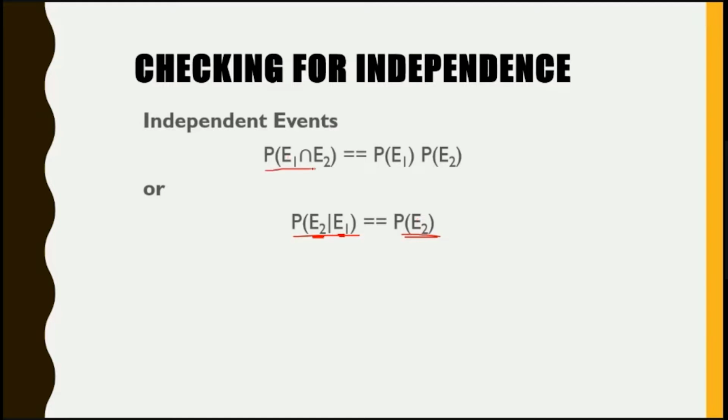And since they are independent, the probability of the intersection of the events is just equal to the product of the probability of each event.